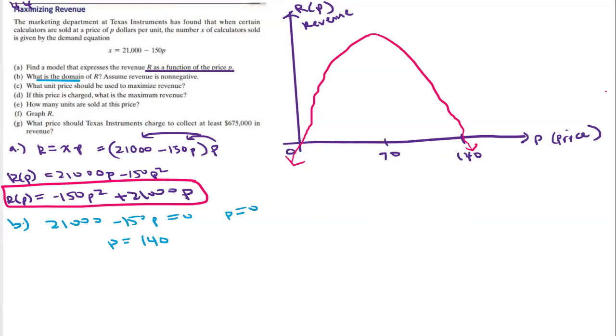We want everything in quadrant one, because that's what tells us our revenue. So our domain in this case is going to start at 0 and end at 140. In order to find the domain, I just set our original equation to 0 and solved for P. That's where this 0 and 140 is coming from. The bottom line is the domain is 0 to 140.